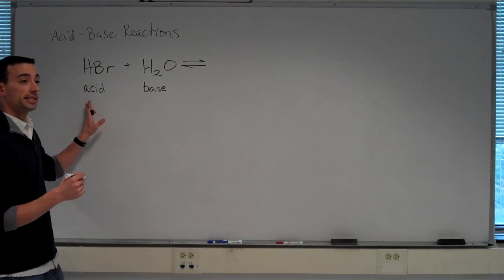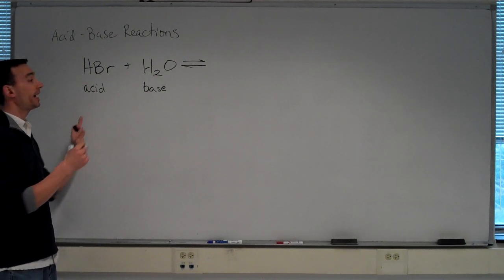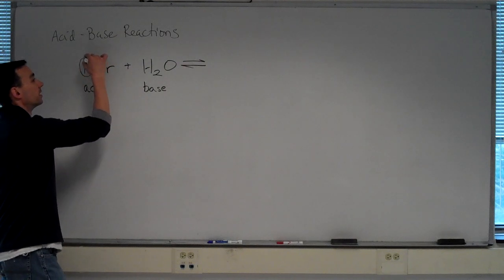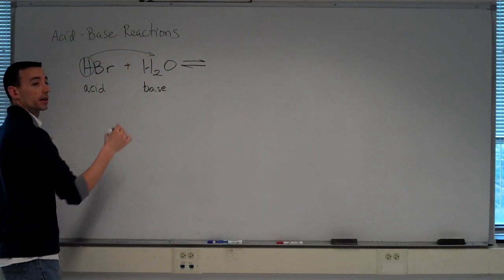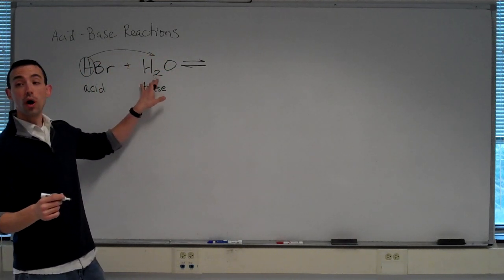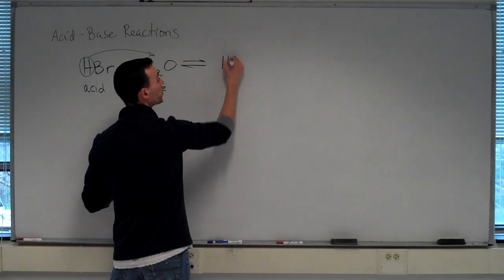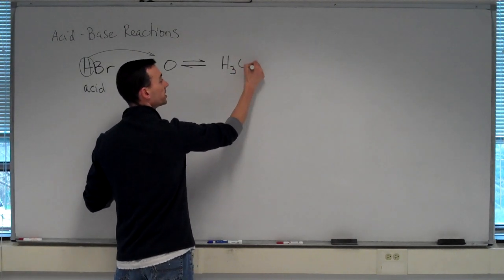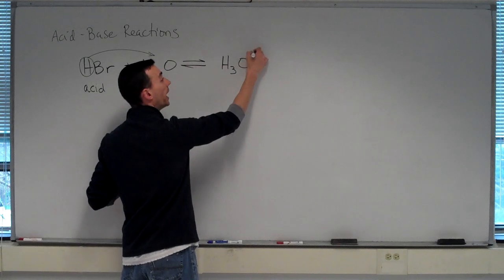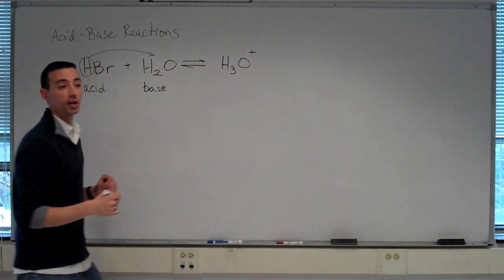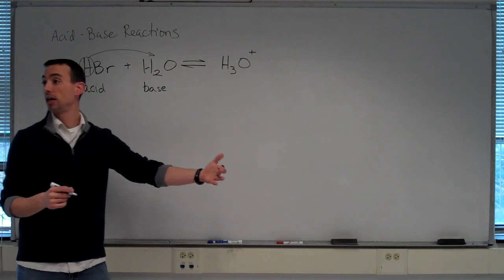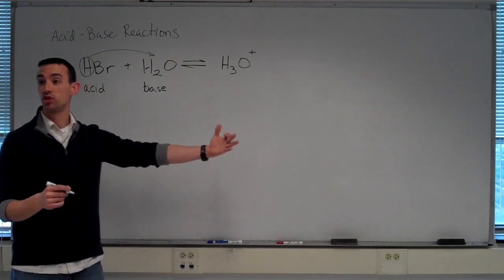So what does the acid do? It donates a hydrogen to the water. That's going to turn water into, you have to add a hydrogen, so it's now H3O, and you add a unit of positive charge, because that's what the proton is. It's an H with a plus charge.